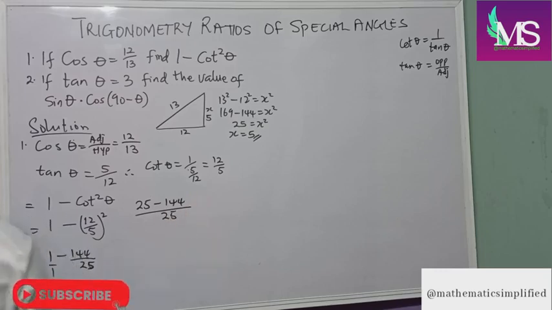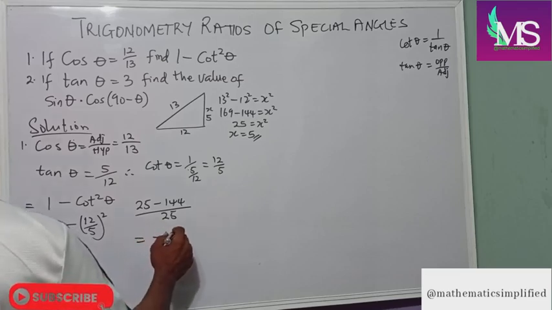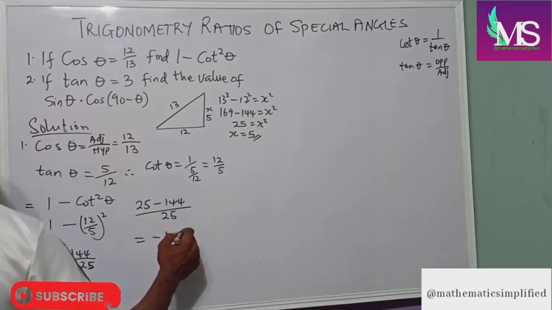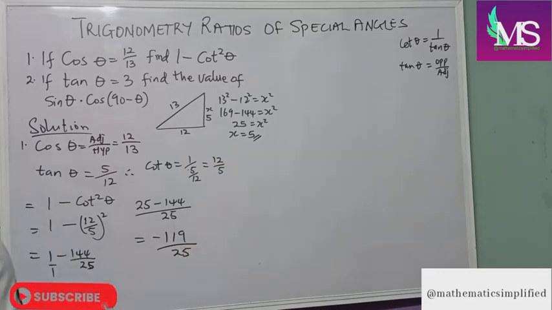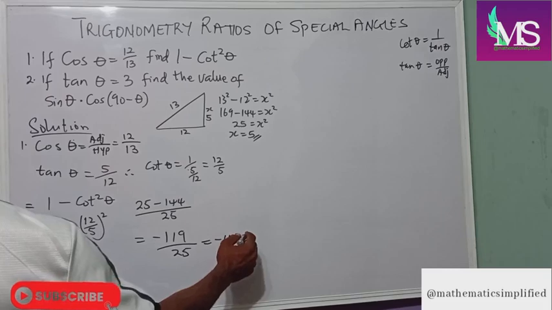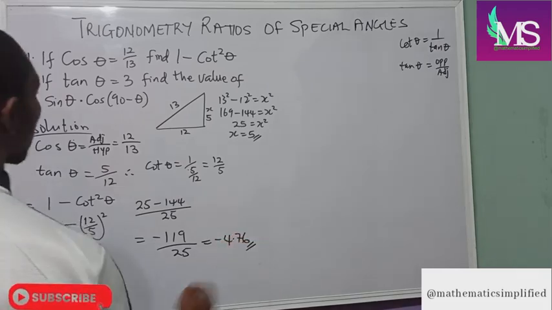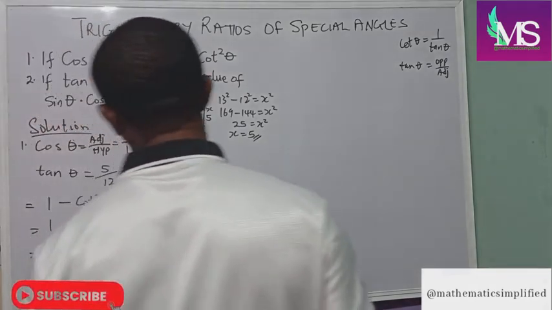Okay, 25 minus 144 will give us minus 119 over 25. So minus 119 divided by 25 will give us minus 4.76 as our answer. Alright, now to question 2.